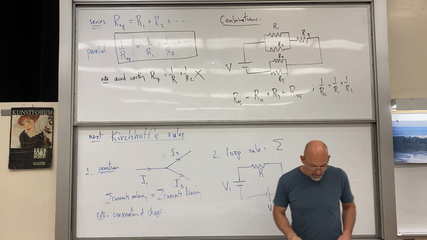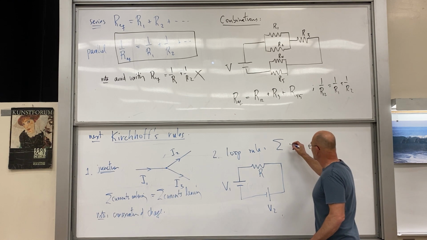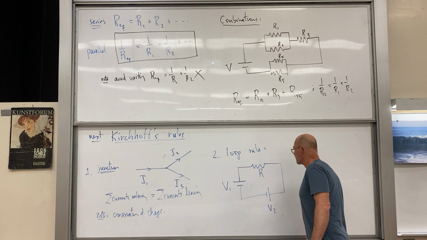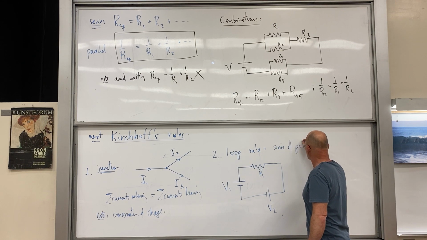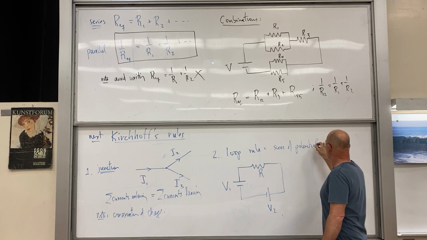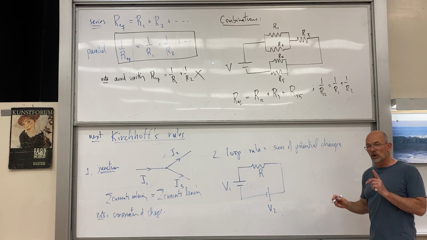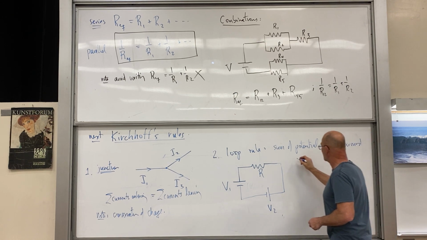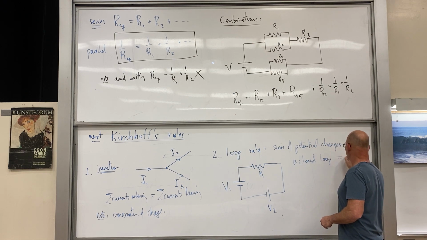Sum of potential changes around a closed loop is equal to 0. I'll just put it in words.